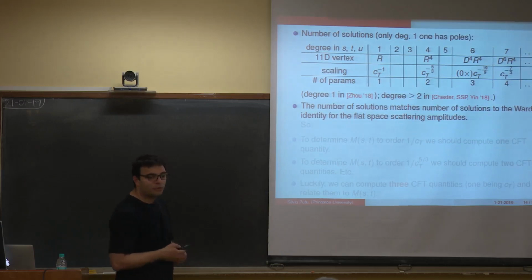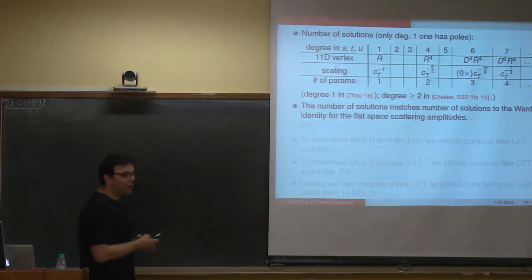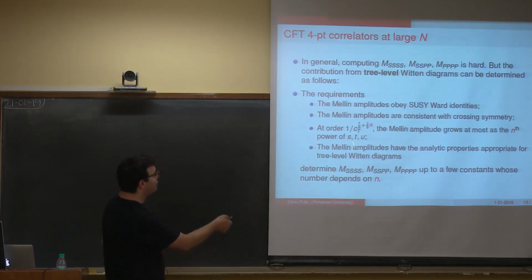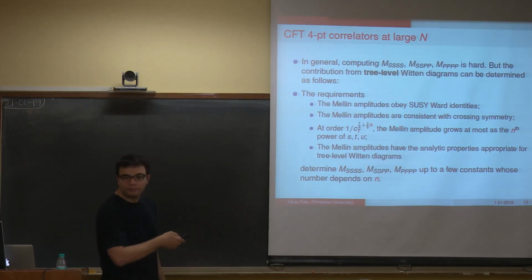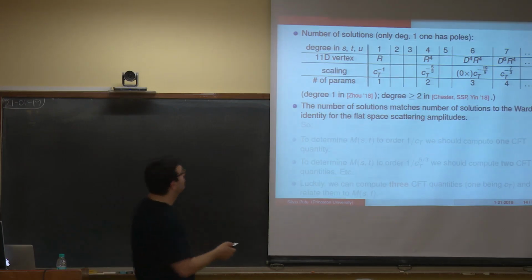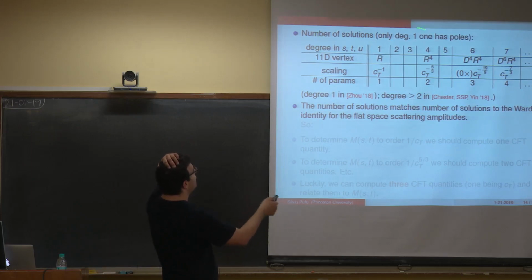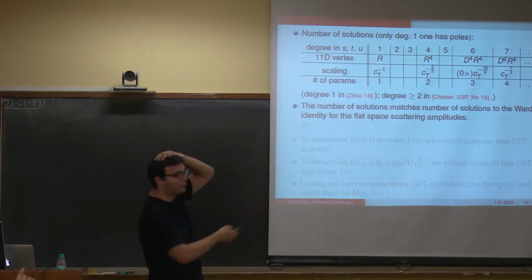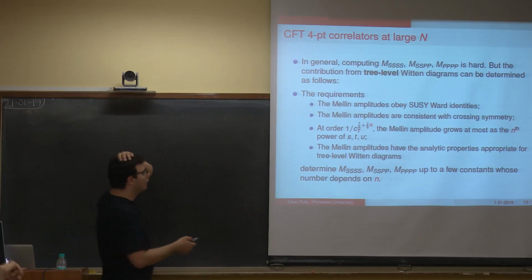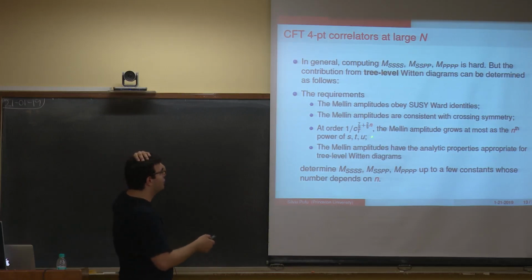So using these requirements, how many solutions do we have? The number of solutions depends on the order in the expansion in 1/CT that we go to, because at higher orders, more Mellin amplitudes are allowed by this growth condition. At some order in the 1/CT expansion, we know the growth of the Mellin amplitude.